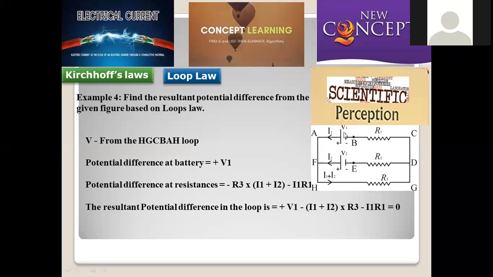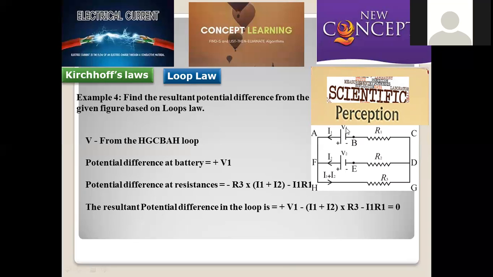Now the potential difference is taken as plus V1 because it is in the reverse manner, right? We are moving in this direction. That's why here the potential difference for this battery is taken as V1. Now let us apply for the resistors. R1 resistor, R3 resistor. For the R3 resistor, it should be taken as minus R3 into I1 plus I2.